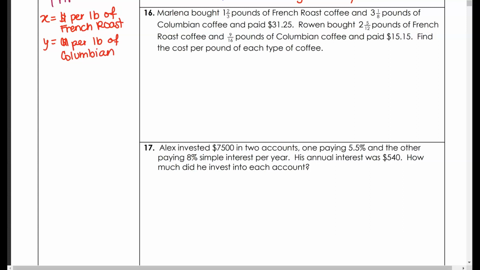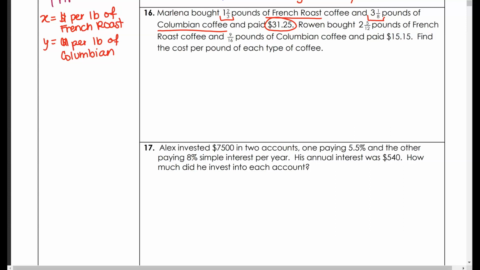Let's go ahead and take a look at this one more time. We have 1 2/3 pounds of French roast coffee and 3 1/8 pounds of Colombian coffee, and we know what we paid, $31.25.